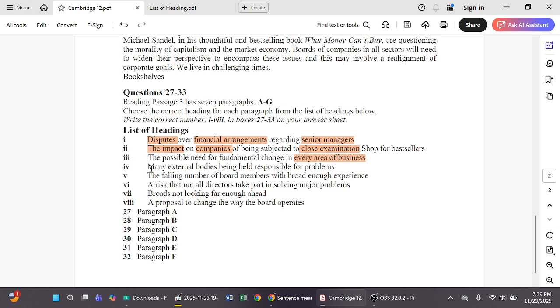And then, "many external bodies being held responsible for problems." Here we can focus on external bodies and being held responsible for problems.